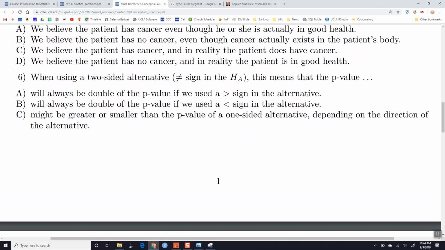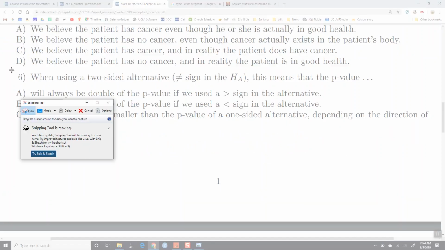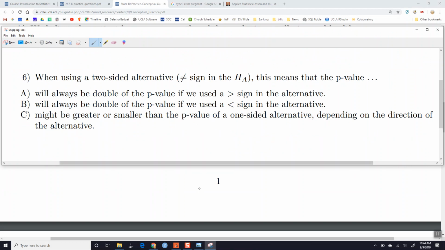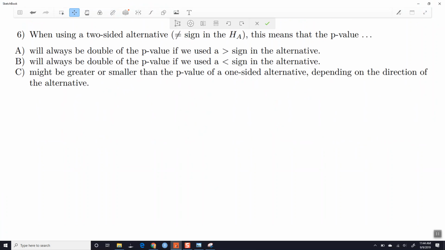So when using a two-sided alternative, this means that the p-value will always be double. Well, okay, so let's look at it.